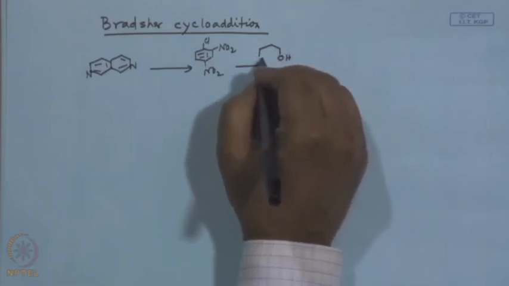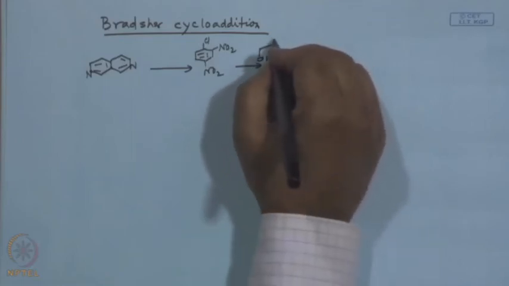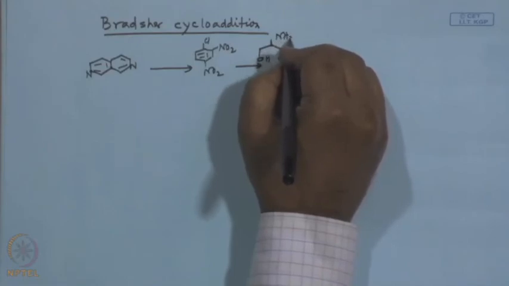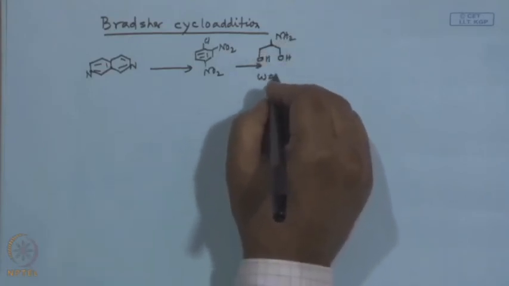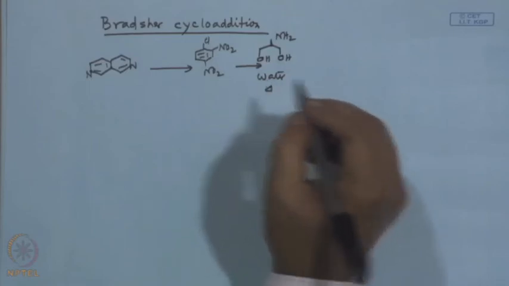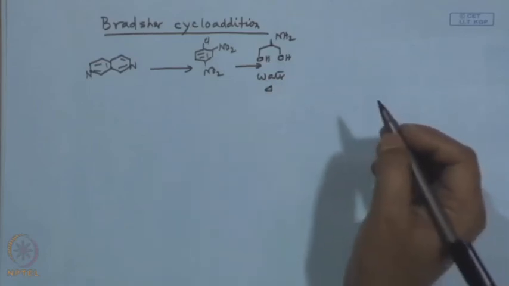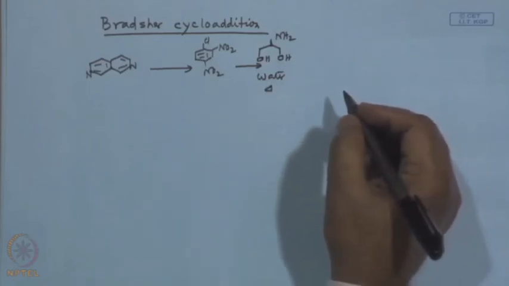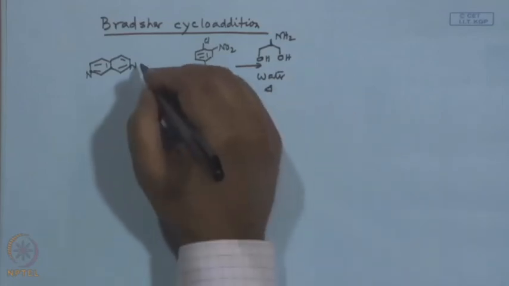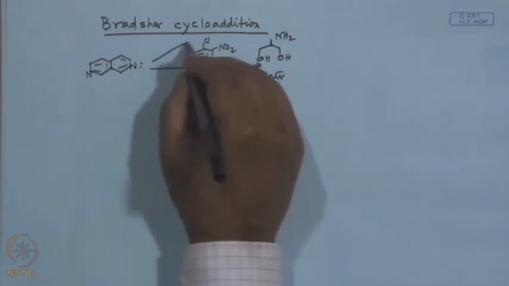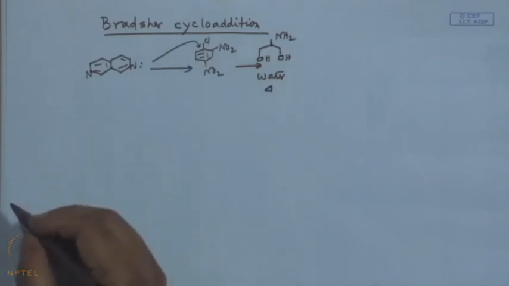I don't know whether you should be able to predict the product or not. Then it is an amino alcohol, and just put them in water and heat. So, what is the product do you expect? What is happening here, I will just tell you: quaternization of nitrogen.